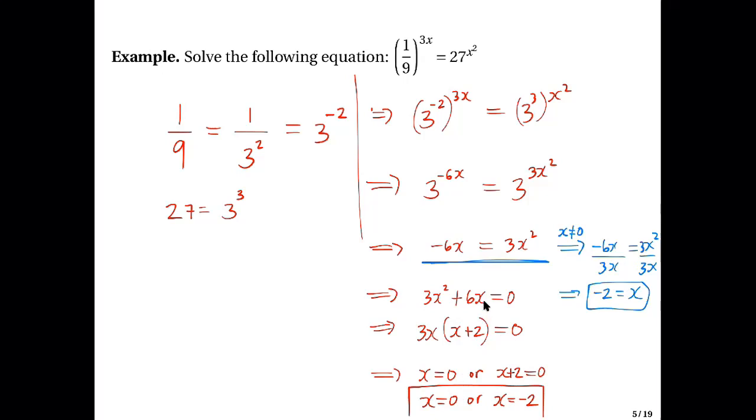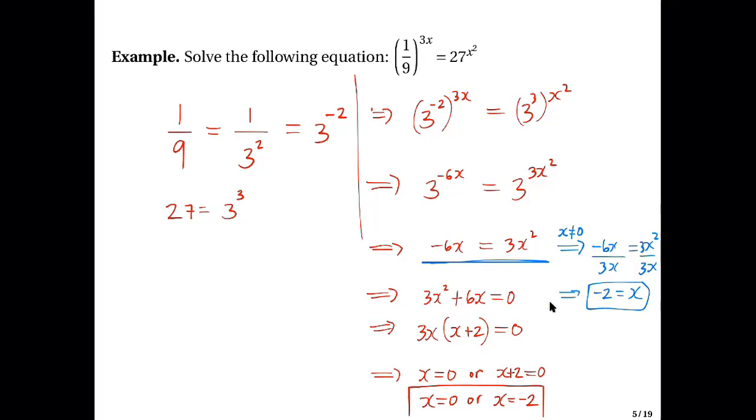Okay? That's why when you have something like this, your first instinct is to try to write it in standard form, so you will not lose some solutions, or you don't need to add conditions. Okay?